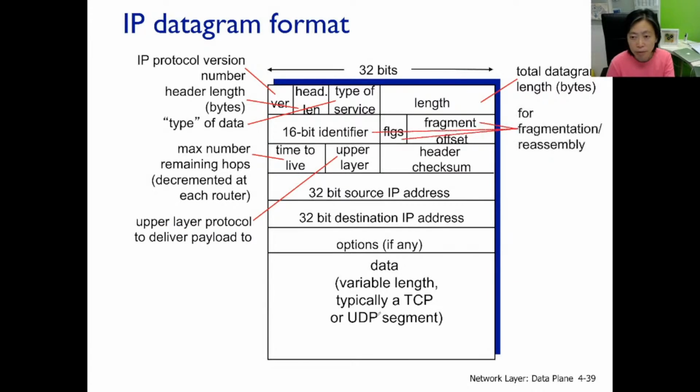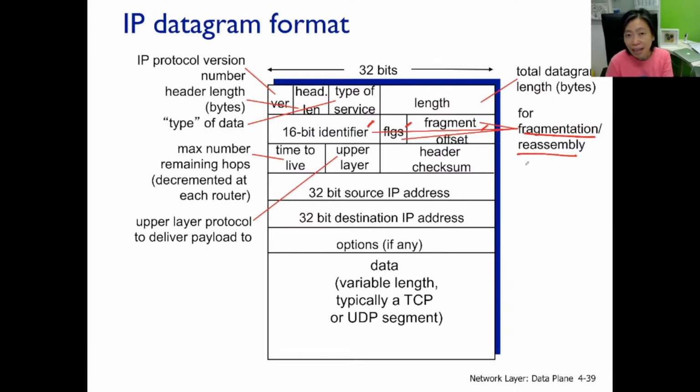Now the second row. These 3 fields in the second row are working together, supporting each other, for a very important functionality called fragmentation and reassembly. The thing is that when the IP datagram enters the link layer, the link layer defines a maximum packet size, or maximum frame size. The packet in the link layer is called a frame.